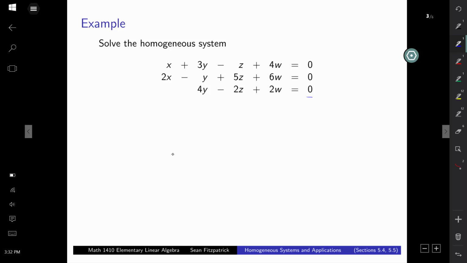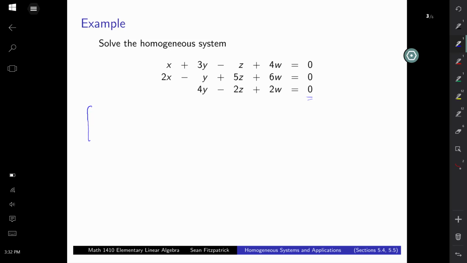We see that we've got zeros over here on the right, and actually we can say right away that this system is going to have an infinite number of solutions. We know that there's not going to be a unique solution simply because we have more variables than equations, right? As we reduce this thing down, think about it this way.